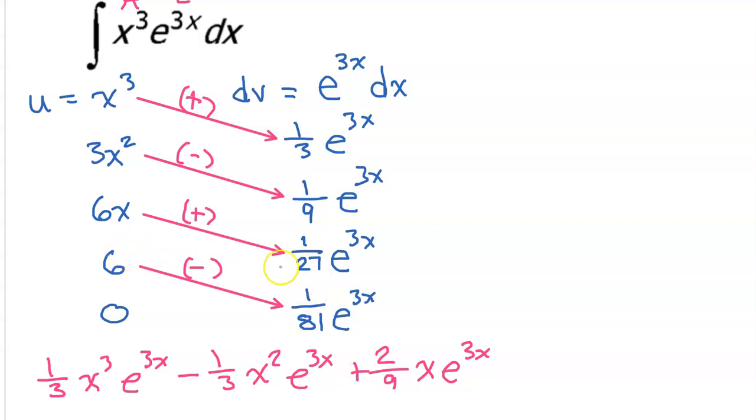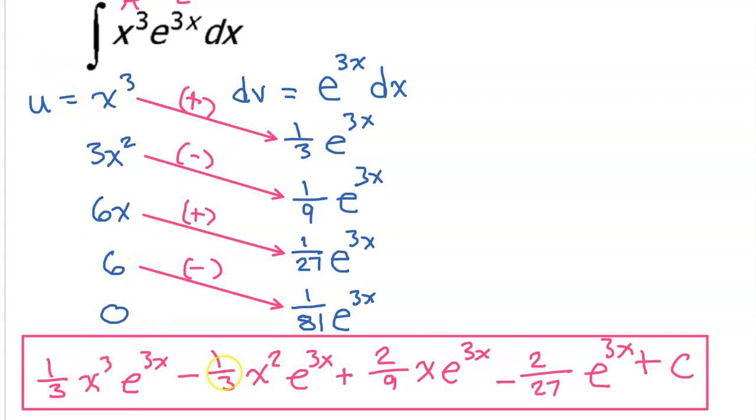And then for the last product, we have 6 over 81, which reduces down to 2 over 27. And e to the 3x. But this one we changed the sign, so it'll be minus. And don't forget the constant of integration. I think you will agree that you would not want to do this problem by hand.